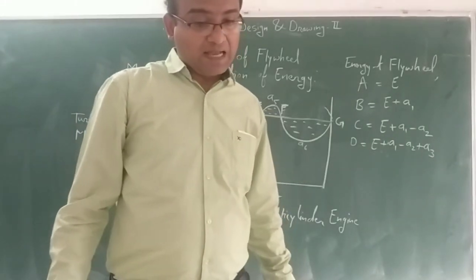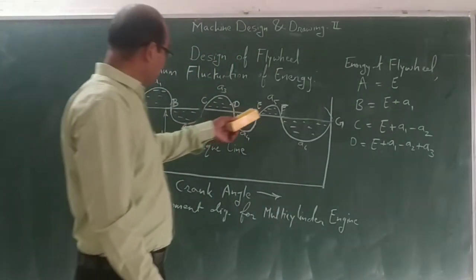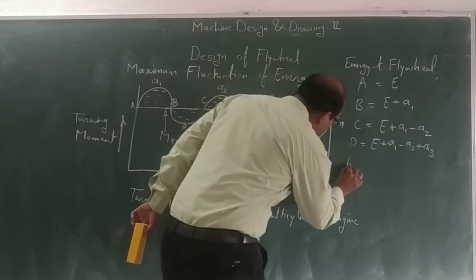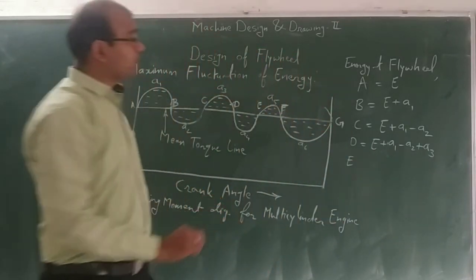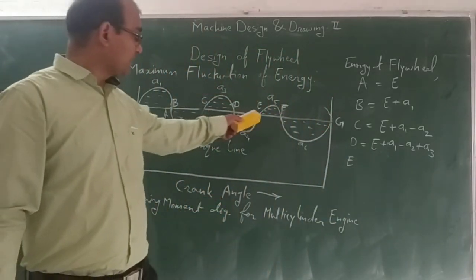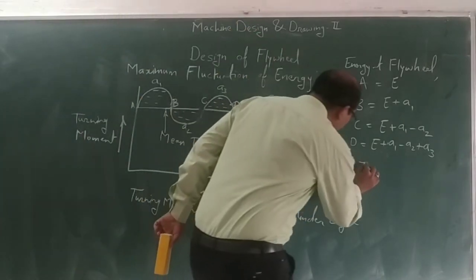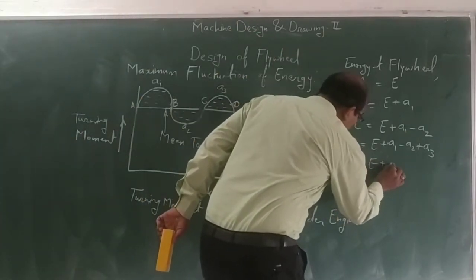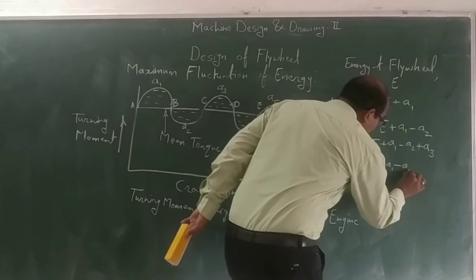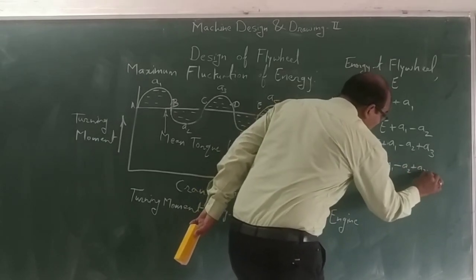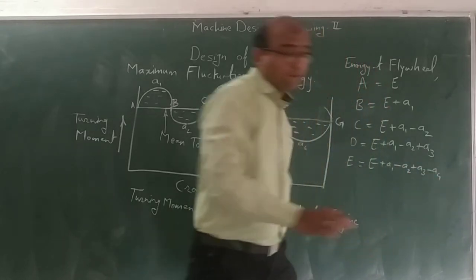Okay, as like that, energy at flywheel E at that point. So it's what? E plus A1 minus A2 plus A3 minus A4.